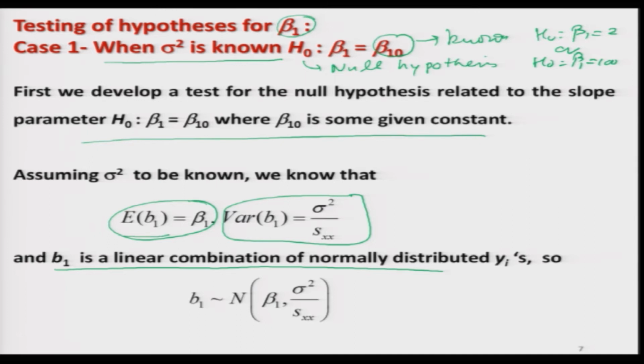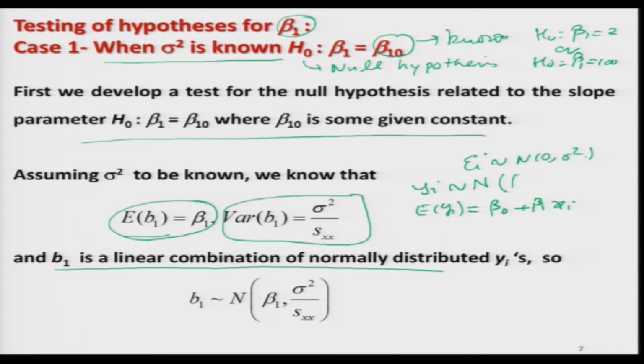Since we are assuming here that the epsilon i's follow normal 0, sigma square, y i will also be a normally distributed random variable. Why? Because a linear combination of normally distributed random variables under certain conditions is also normal. And what will be the mean of y i? The mean of y i will be beta 0 plus beta 1 x i, because you are assuming x i to be fixed and epsilon i has mean 0.